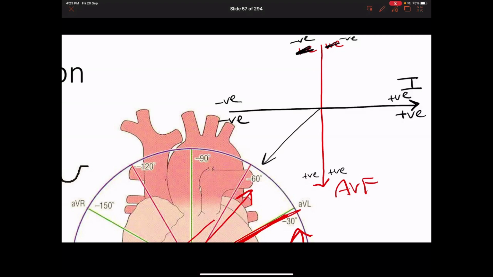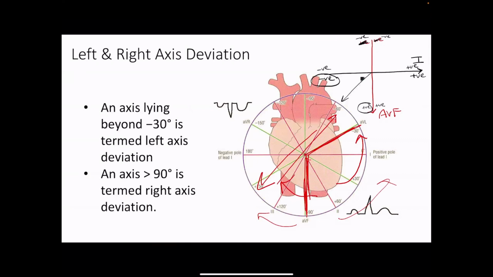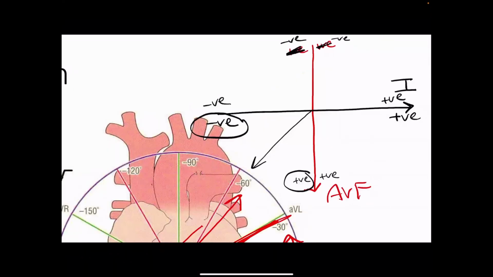So lead 1 will be negative and AVF will be positive. Is that right? Yes, lead 1 negative, AVF positive. Okay, just making sure. Now, let's say you have a left axis deviation, so it's going to be here. This means lead 1 will be positive, AVF will be negative.